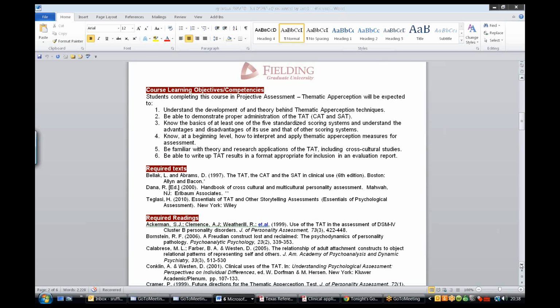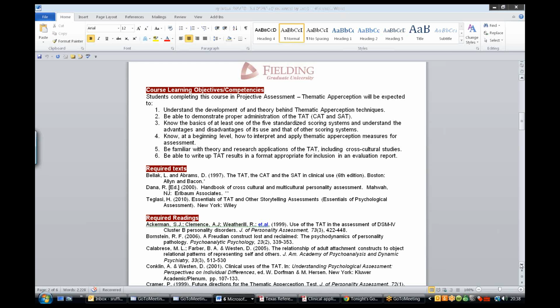And then there are the learning objectives of the course. And those are important because those are the things that we want you to be able to get out of the course, which is to understand the development and the theory behind TAT techniques. Now, we're not going to spend a lot of time on that because we're going to spend most of our time on scoring and learning about object relations and scoring protocols.